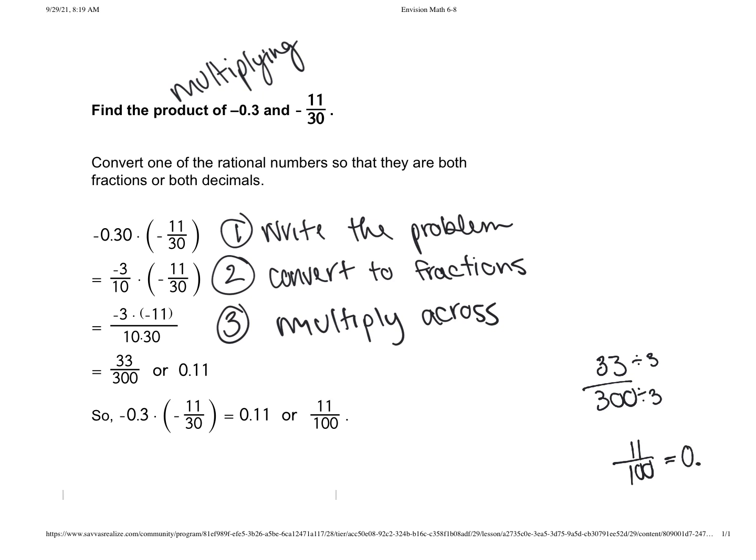We can see it's 0.11. So negative 0.3 or negative 3/10, times negative 11/30 equals positive 11 hundredths.